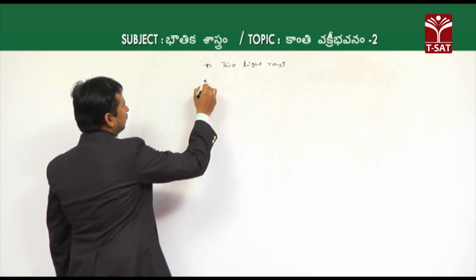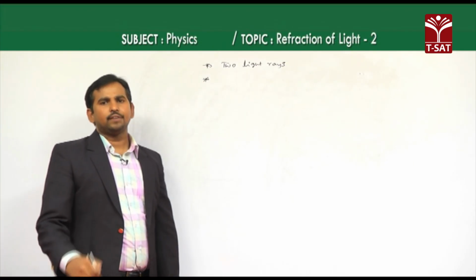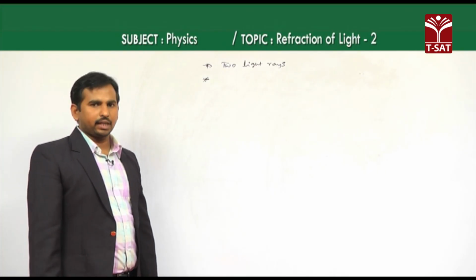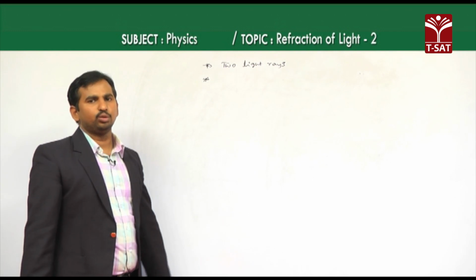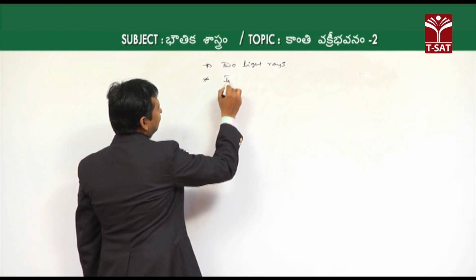Second, where the light rays meet after refraction through the lens, that point we call the image position.